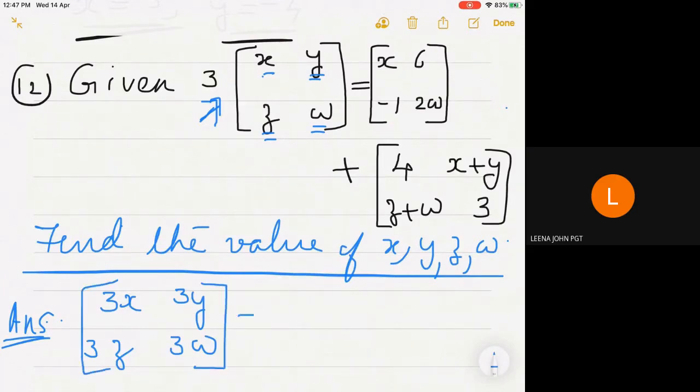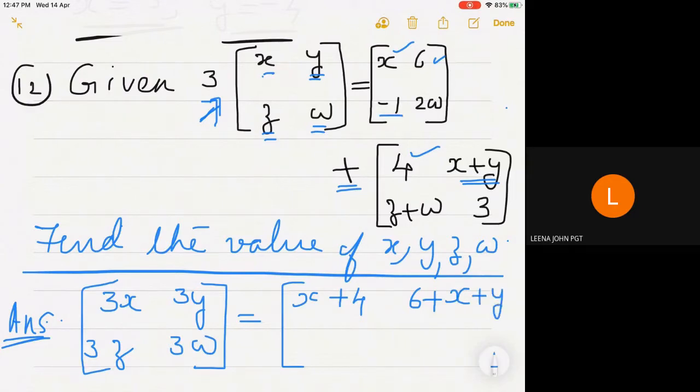It is equal to, on the right hand side, the operation is addition of two matrices. So to add the two matrices, you have to add the corresponding elements. That is, the corresponding element of x here is 4. So x plus 4, then 6 plus the corresponding element in the second matrix is x plus y.